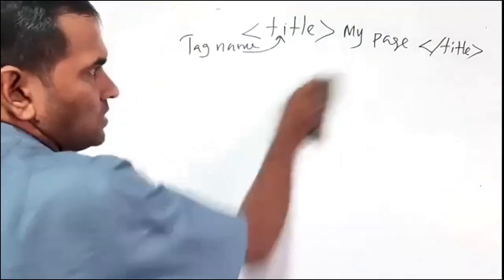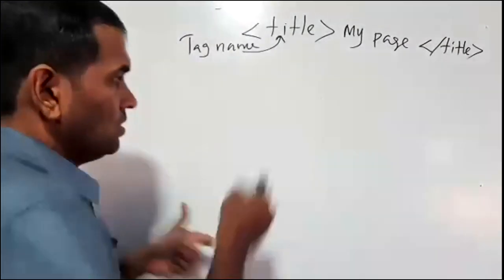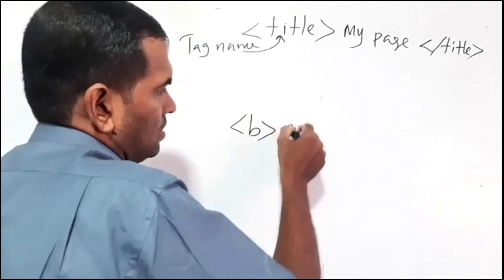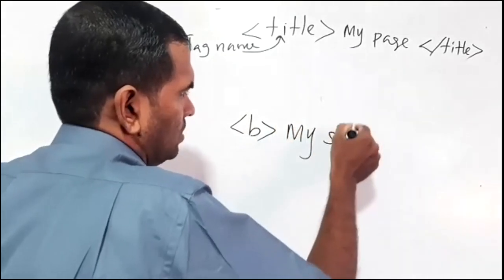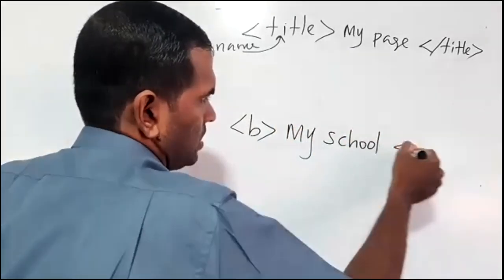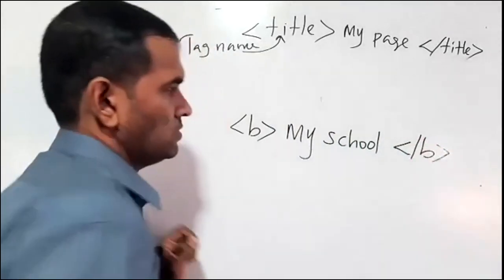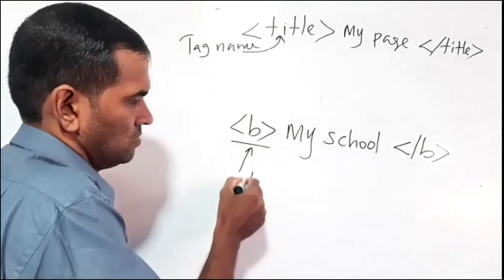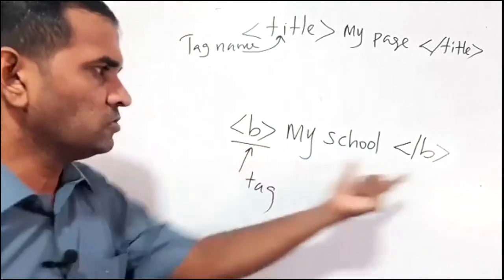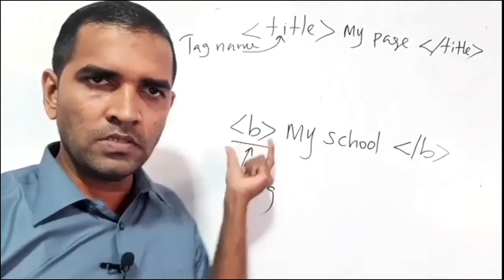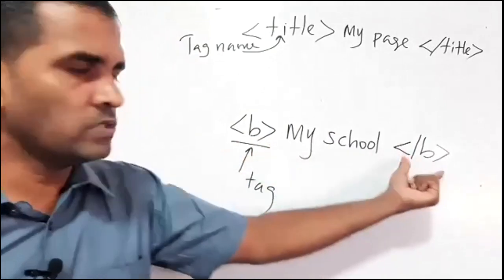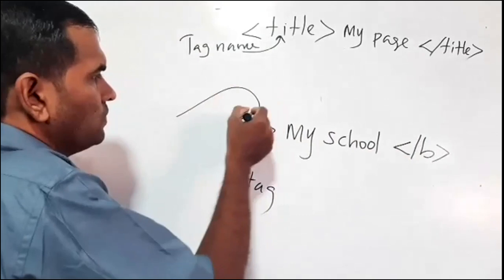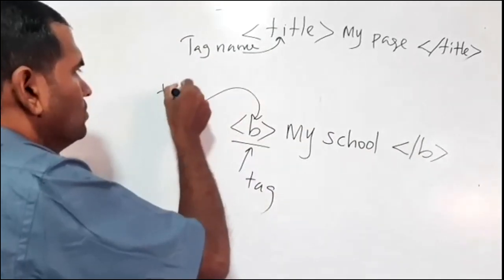So if I take another example, look here, B, my school, B. So here, this is tag. This is also tag, but that is end tag. This is start tag or closing tag. Here, start tag. The word which is inside of that tag is tag name.